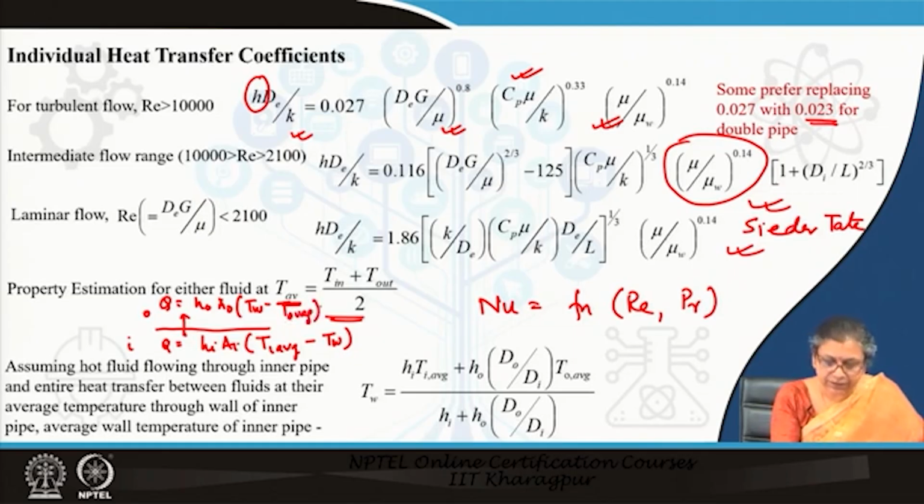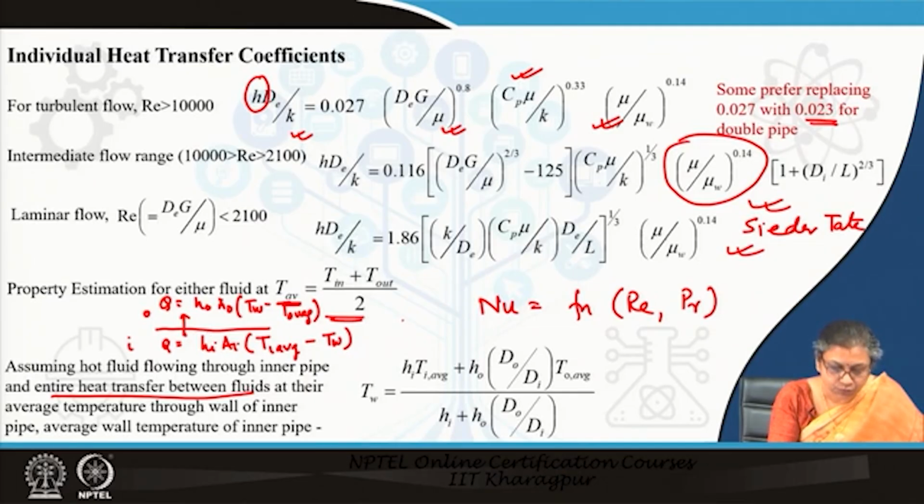TO average will definitely be given by TO in plus TO out by 2, TI average will be given by TI in plus TI out by 2, right. Now, whatever heat is being given out by the hotter fluid will be taken up by the cooler fluid. We assume that the entire heat is transferred between the fluids at their average temperatures. So, therefore, we can equate these two.